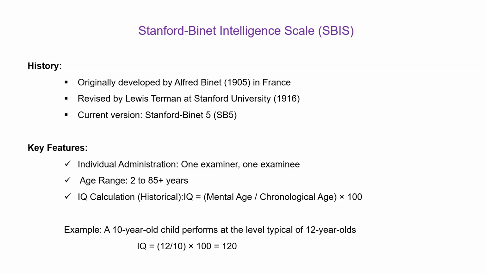Then what is his IQ level? We have mental age 8, chronological age 10. If we divide 8 by 10, what's the answer? 0.8. Then if we multiply by 100, the answer will be 80.